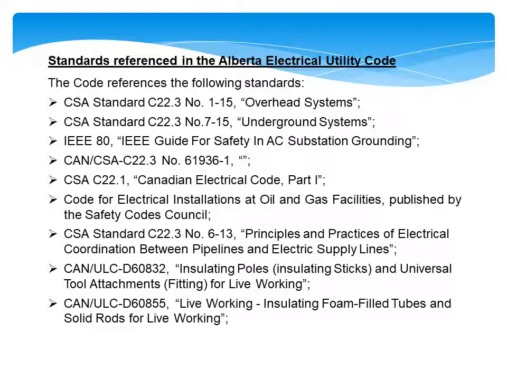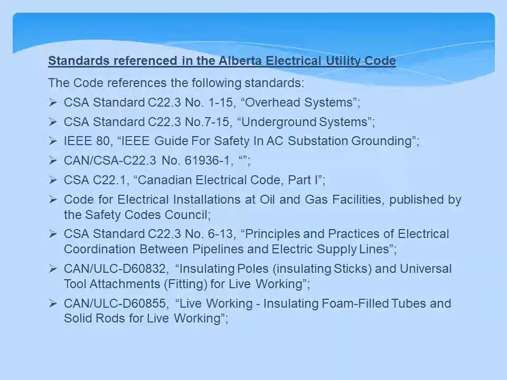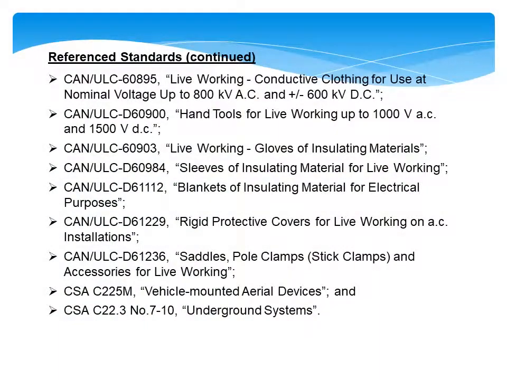Similar to other codes we discussed in my last video, the Alberta Electrical Utility Code also makes references to applicable standards developed by other organizations where such standards sufficiently address the intended objectives of the code. The Alberta Electrical Utility Code references standards from the Canadian Standards Association, CSA, the Institute of Electrical and Electronics Engineers, IEEE, and Underwriters Laboratories of Canada, ULC, as listed in these slides.